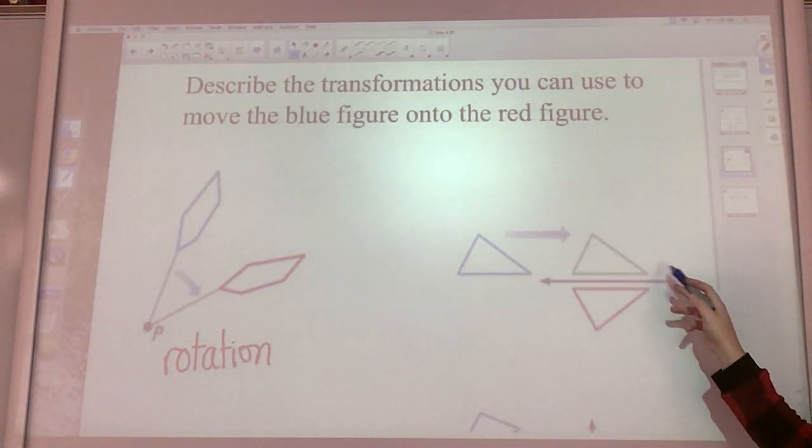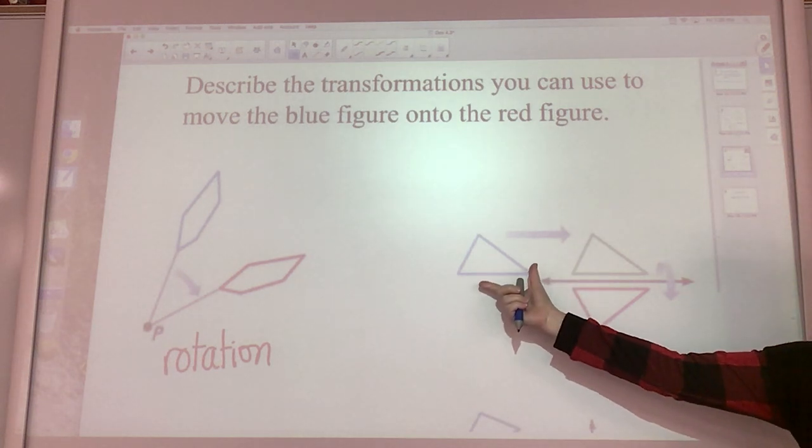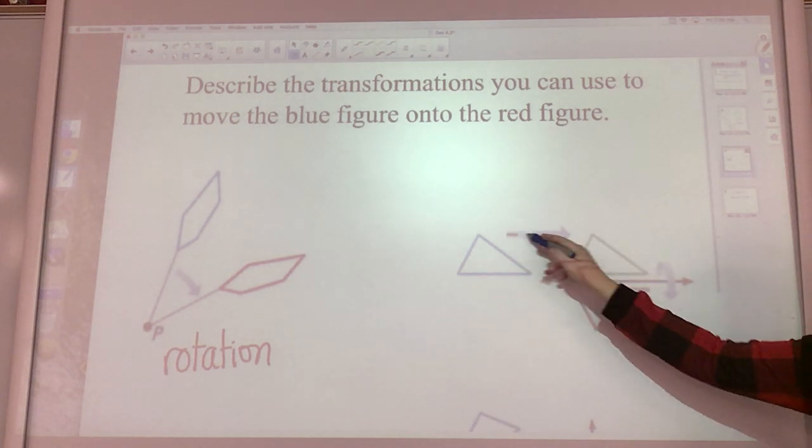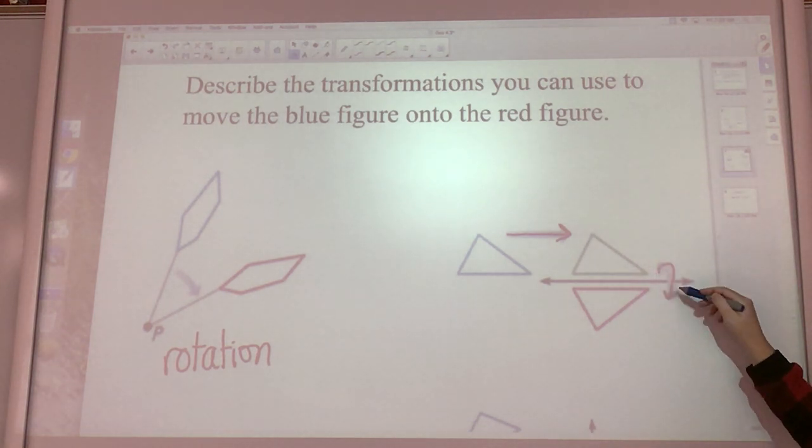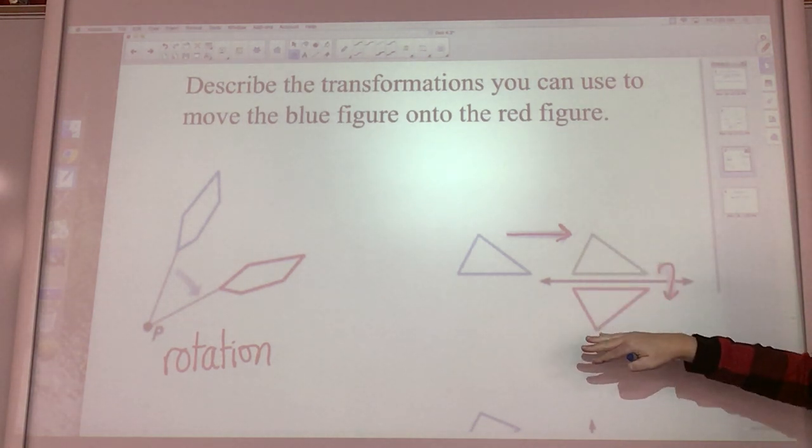This one's got two arrows. So you take the blue figure, translate it over to the green figure, then reflect it over that line.